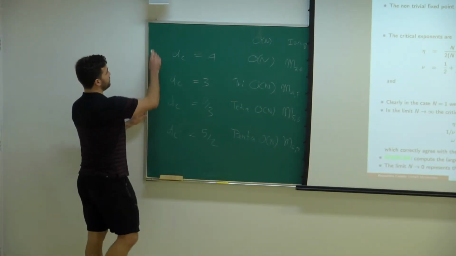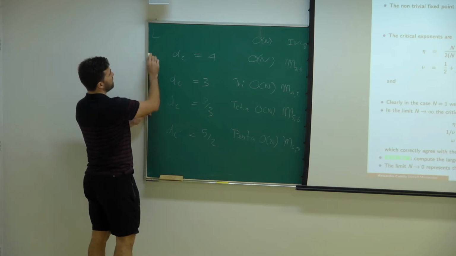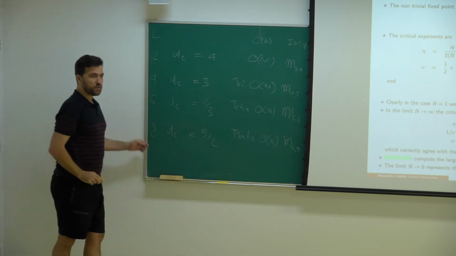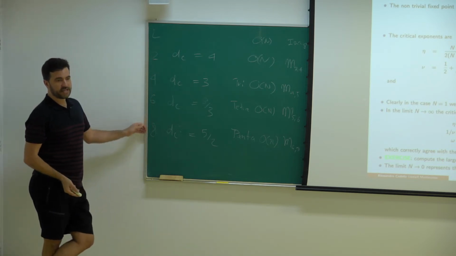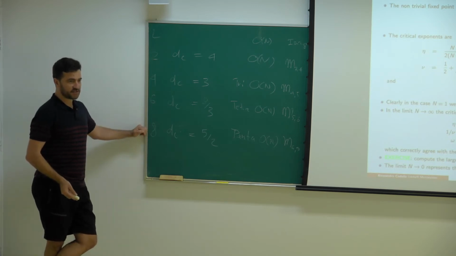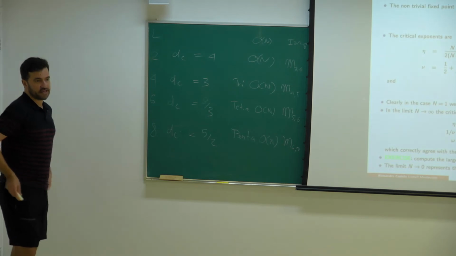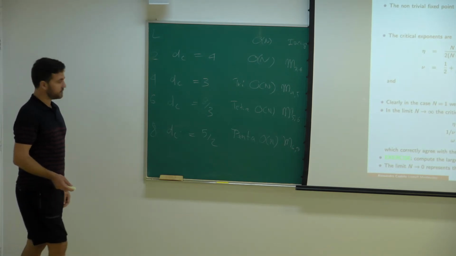This is the loop order. Here is 2, here is 4, here is 6, and here is 8. Nobody would waste a PhD to compute the beta functions at 8 loops for a model like this one. But now that you have it for free, you will explore that. Okay?